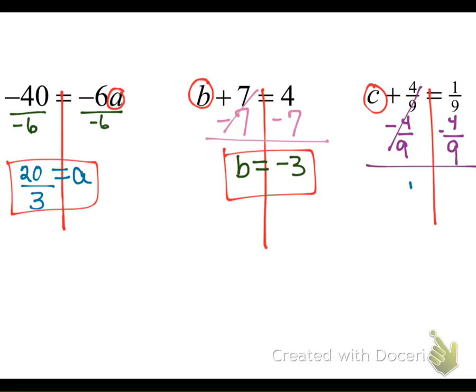I bring my variable c down. 1/9 minus 4/9 is going to equal negative 1 over 3. And box my final answer. Nice job. Any questions on these first 3? Nope. Okay. Good job showing your work.